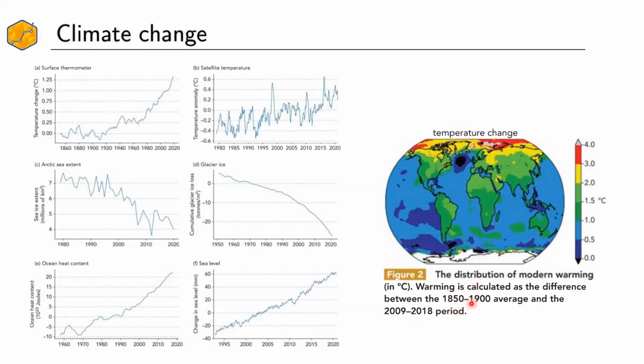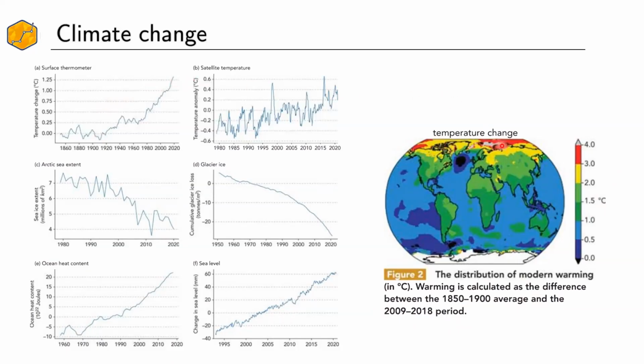This is in comparison to the pre-industrialization period, 1850 to 1900. From that point onwards, you can see how the temperature has changed at different locations. On average, it has increased by 1.2 degrees.